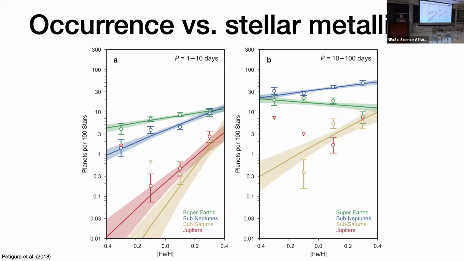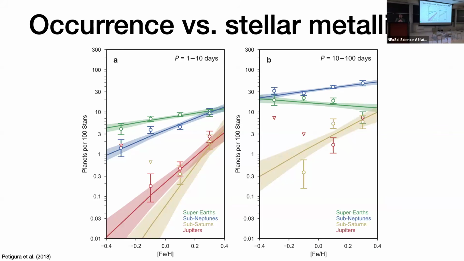So another thing you can do from these transit surveys is get a better quantification of the metallicity effect. It has long been known that the occurrence of giant planets is strongly associated with the metallicity of the host star, which has been interpreted as a successful prediction or retrodiction of the core accretion theory for giant planet formation.